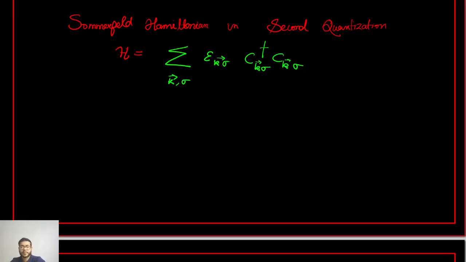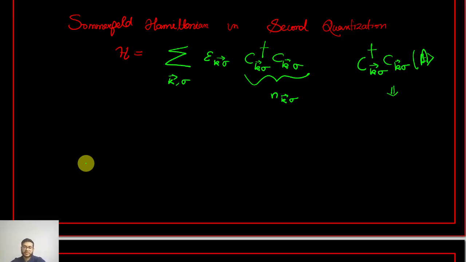This thing, c_k sigma dagger c_k sigma, is called the number operator. If you apply it to any system, for example some many-body state A which has contributions from all of the indistinguishable particles, it will give you the number of particles in the state having momentum k and spin sigma. That's why this Hamiltonian is defined like this.